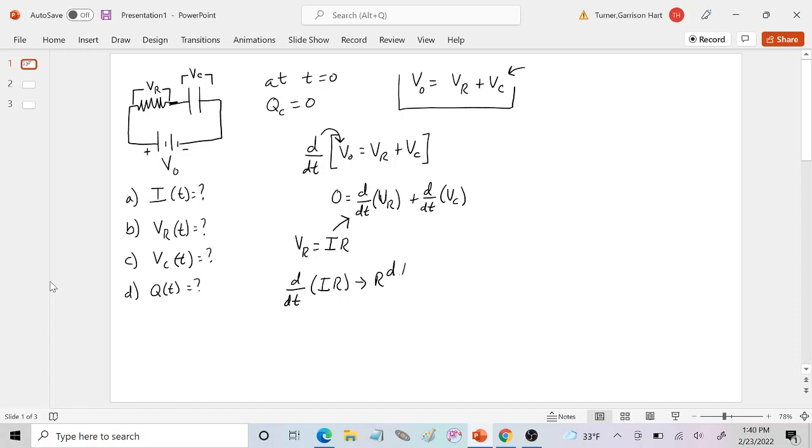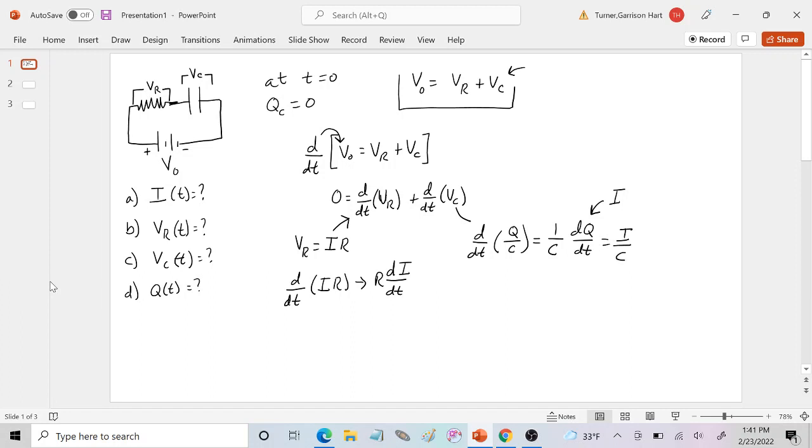So this is just dI/dt times R. And likewise, from the definition of capacitance, this is going to be taking the time derivative of Q over C. And so, once again, C is also constant, so this is going to be the time derivative of the charge times 1 over C. But the time derivative of the charge is just the current. So this is I over C.